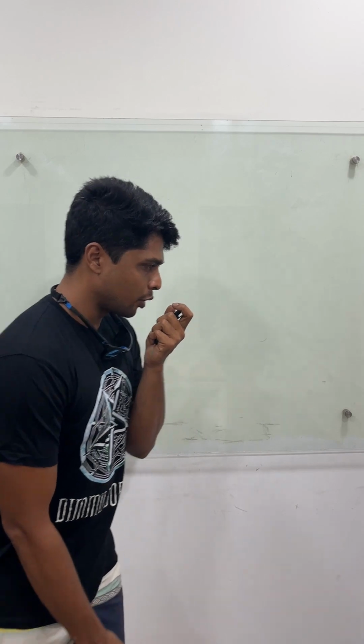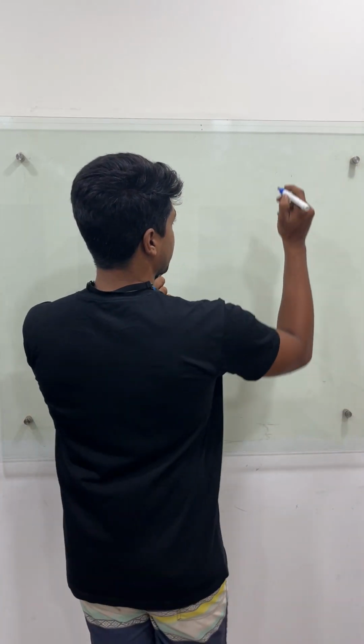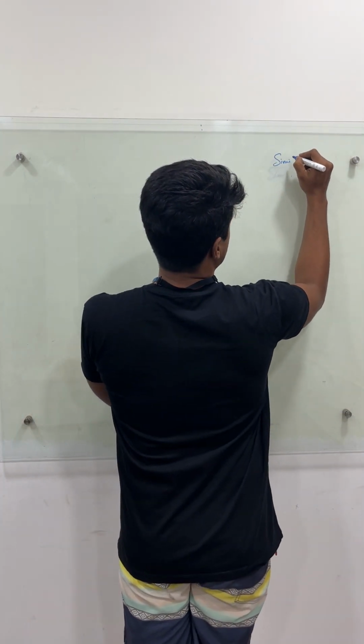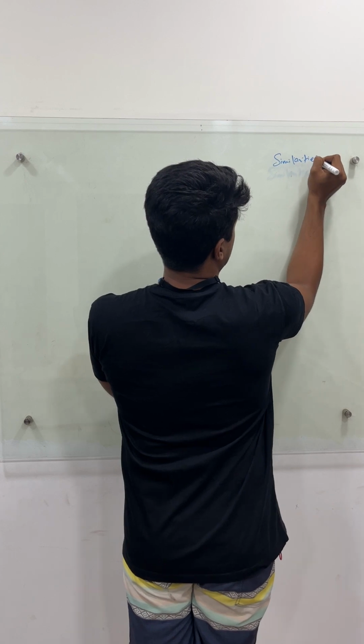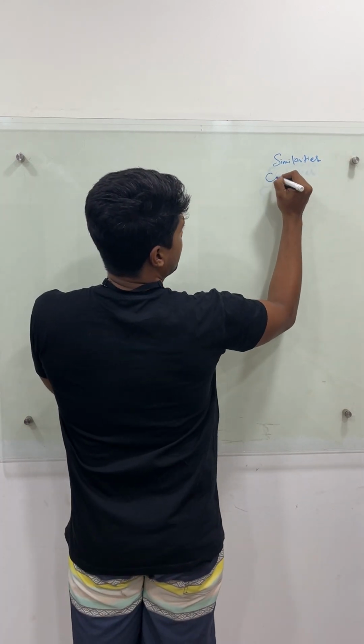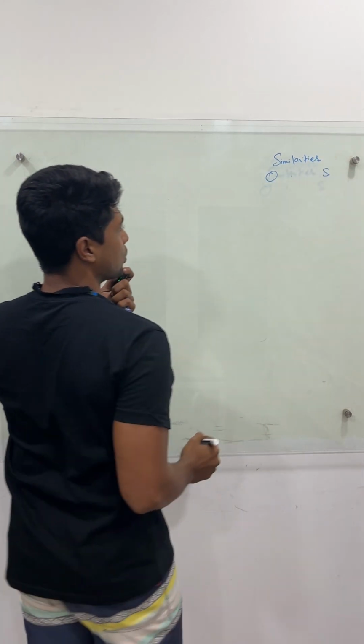In order to understand open waters, I think it's always easier to put it on a scale and begin by analyzing the extremes. So for instance, let's compare the similarities between the ocean and a swimming pool, right? Similarities, forgive my handwriting, the ocean and a swimming pool.